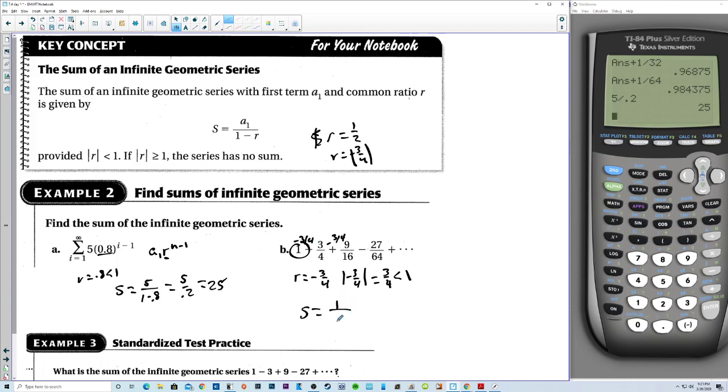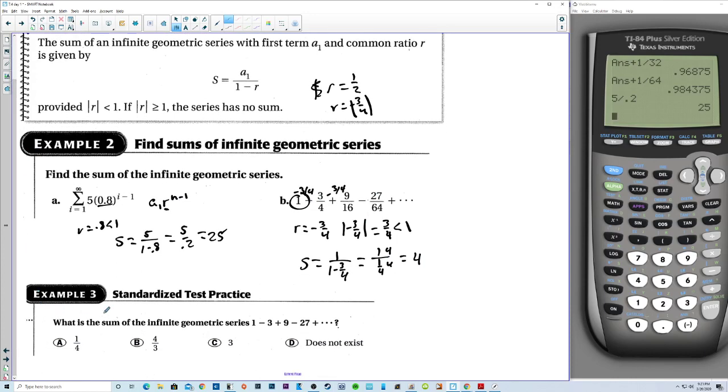So we have 1 over 1 minus 3/4. That's a sub 1 over 1 minus r. That's 1 over 1/4, because 4/4 minus 3/4 is 1/4. We can multiply the top and bottom by 4 because that's a complex fraction. And we end up with 4. So this sum never gets over 4. It always approaches 4.